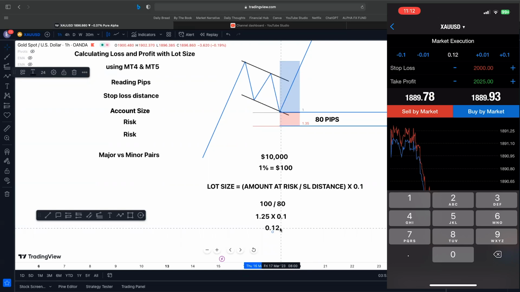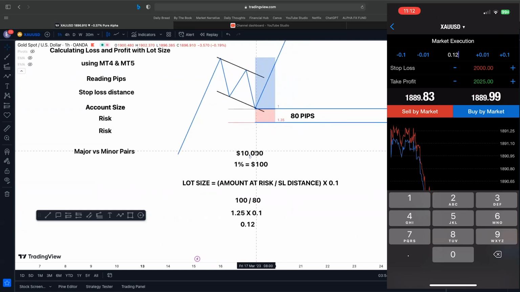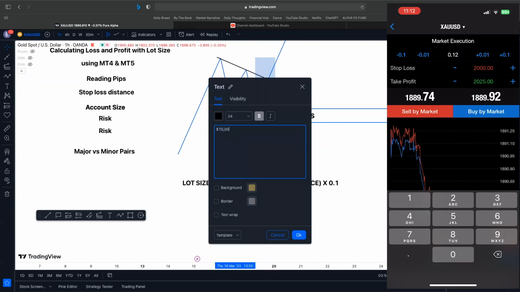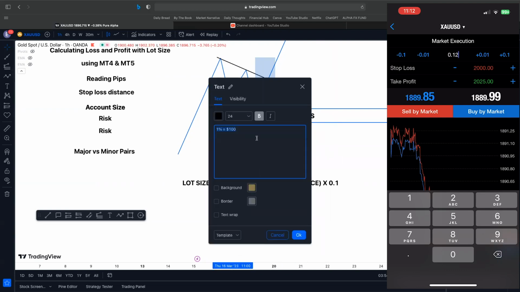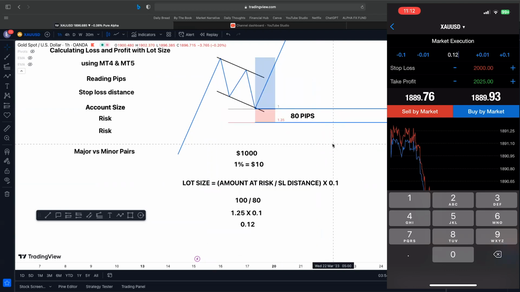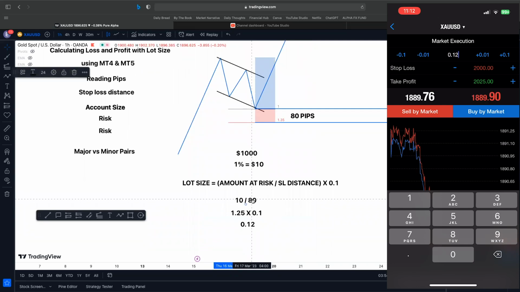It depends on different accounts and different sizes. Let's go lower. Say you have a $1,000 account, that means you're risking $10 per trade. Remember, this is going to change, but the 80 does not change.